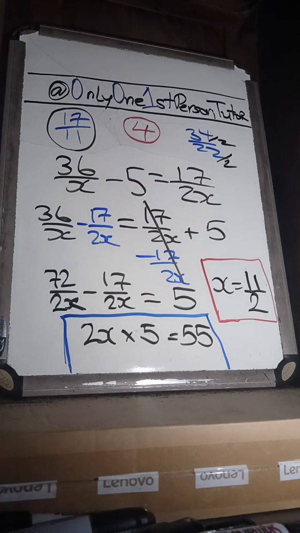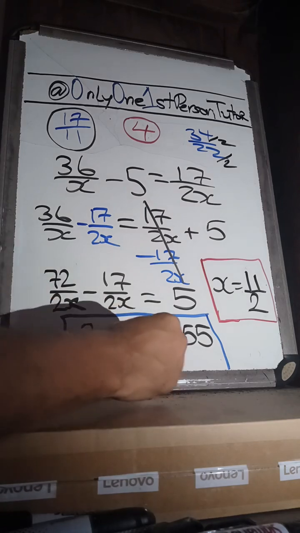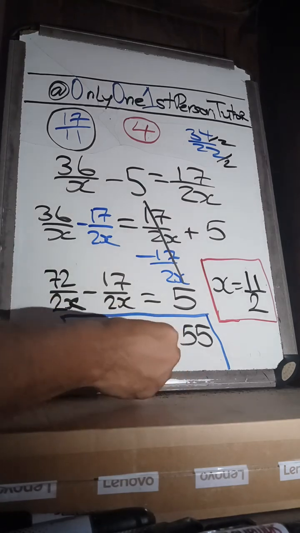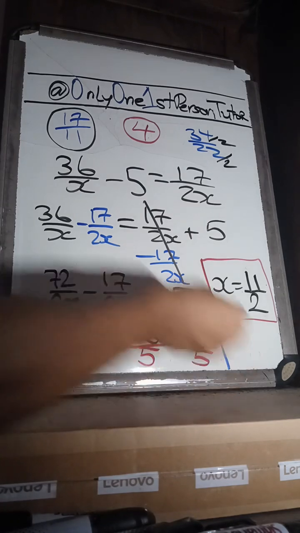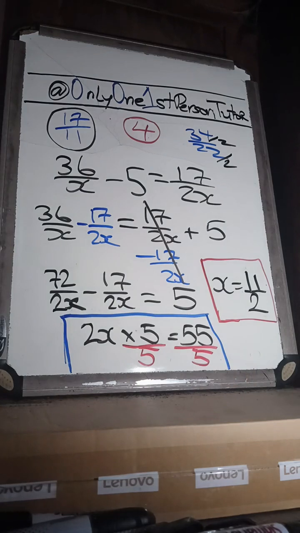Can you divide both sides by 5? So therefore you'd have had 2x equal 11. Right, okay. Alright, yeah. All of that makes sense now.